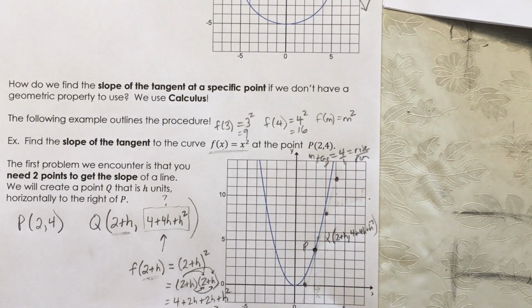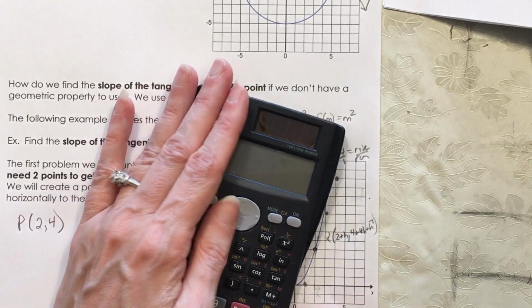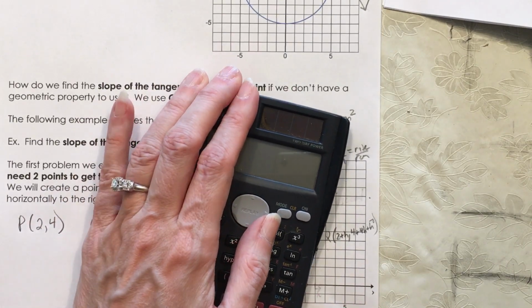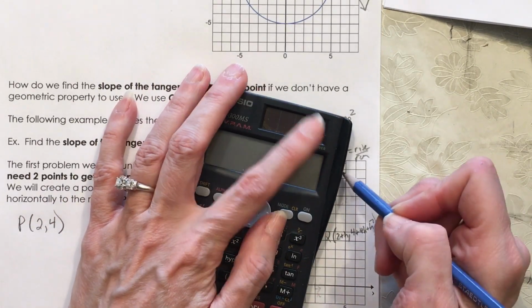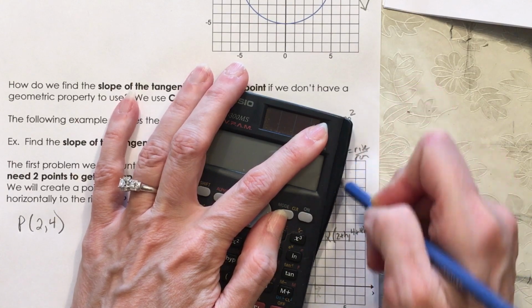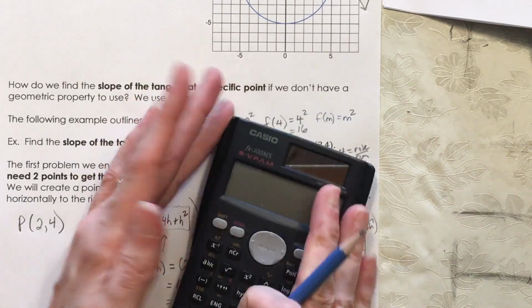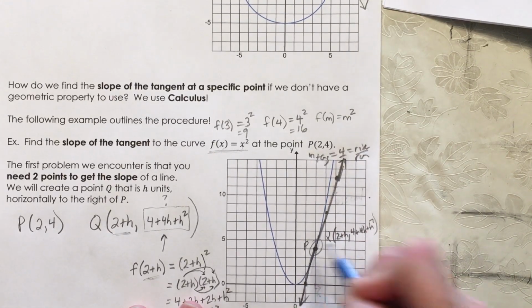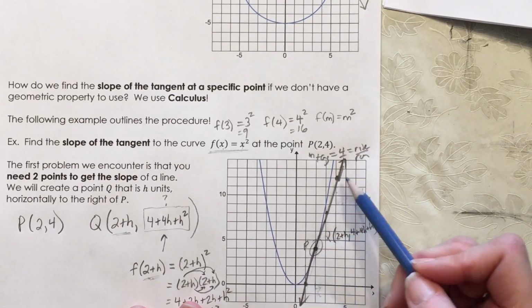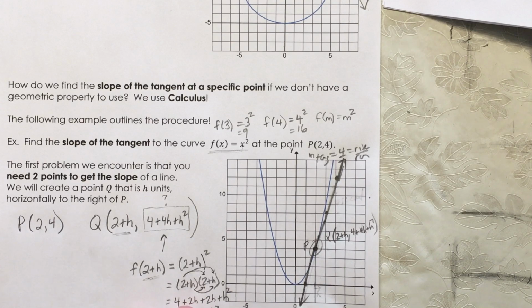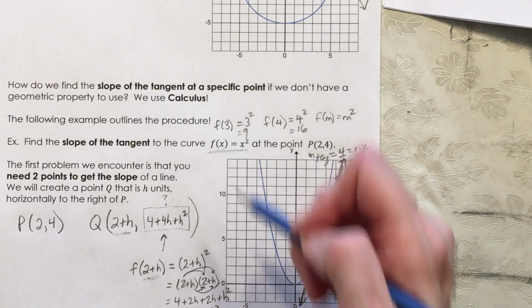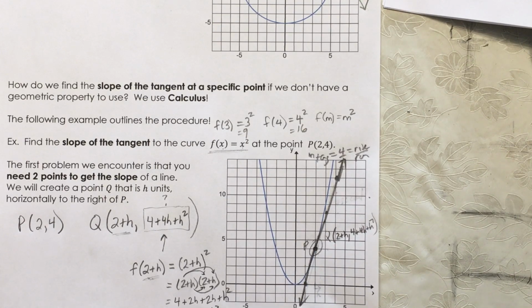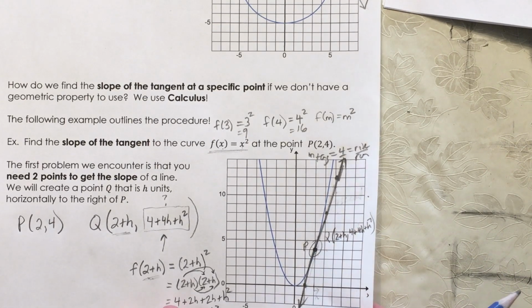So you can see that if we drew in that tangent line using a ruler, it should look like a line that touches that curve in only one spot at point P, but resembles the slope of the curve at that point, which it does. So that's what we actually found: the slope of the tangent to the curve y equals x squared at the point (2, 4) is 4. Okay, that's what that means.